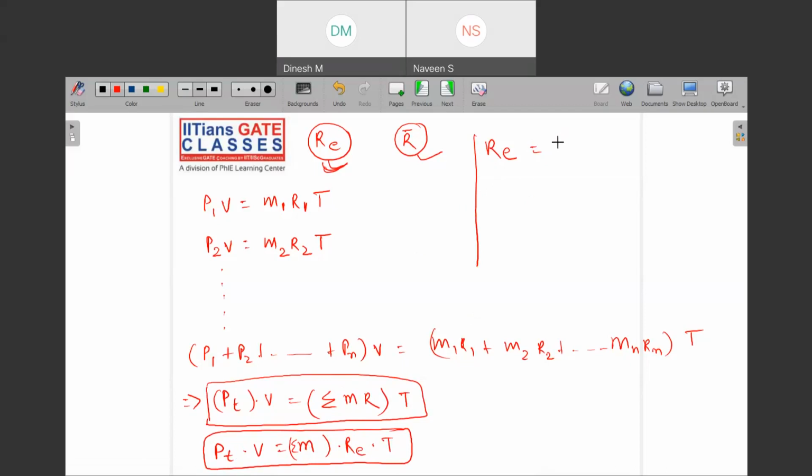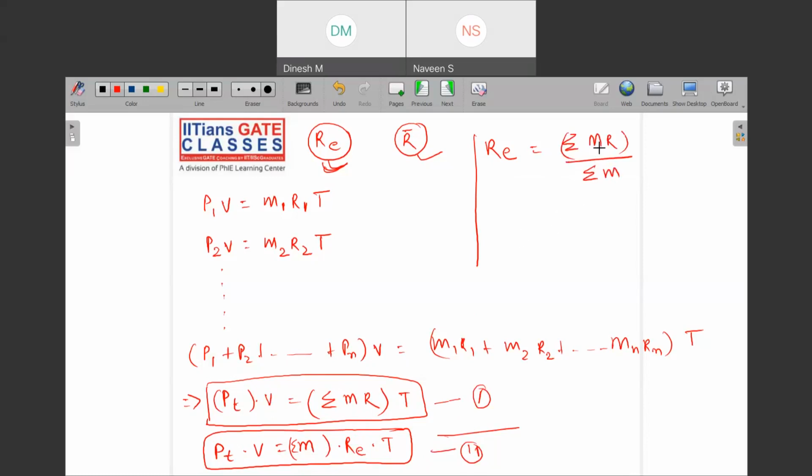If you take the ratio of these two, if you say this is 1 and this is 2, then 1 upon 2 reduces to, PTV got cancelled out. Then R equivalent is left with summation of MR upon M. So I can write this as summation of M into R divided by summation of M.